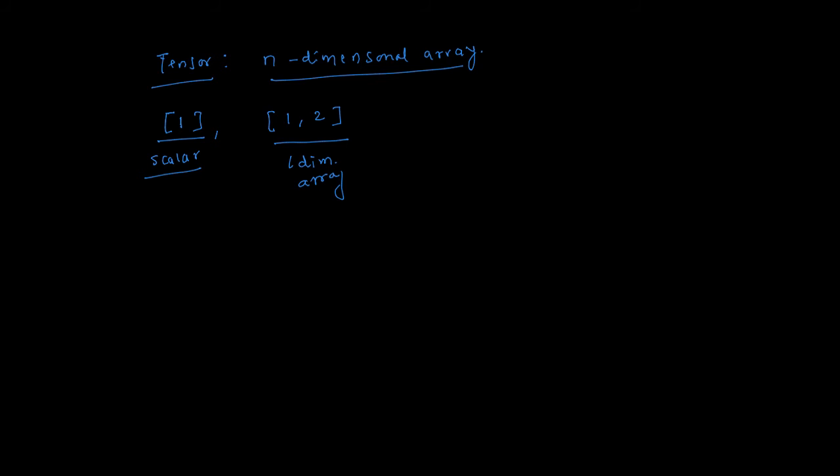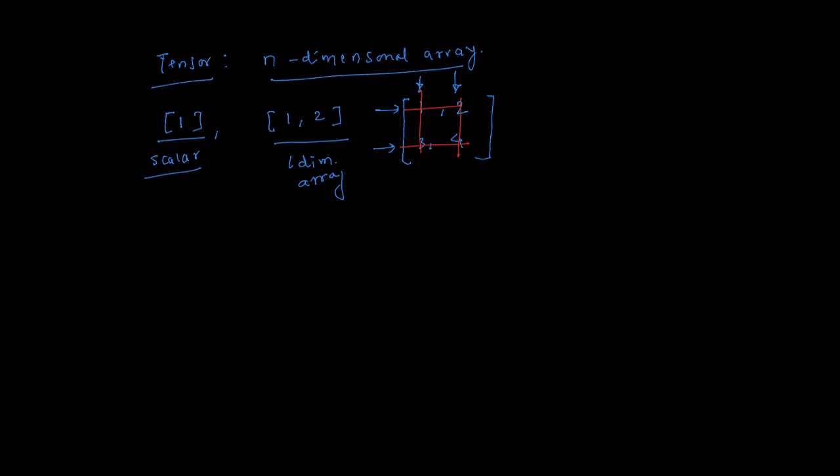Now if an array contains rows and columns like a matrix, for example, if I have this 1 comma 2, this is one row, and if I have another row here, this is called a two-dimensional array because it contains rows as well as columns. This is the first row, this is the second row, this is the first column, second column.